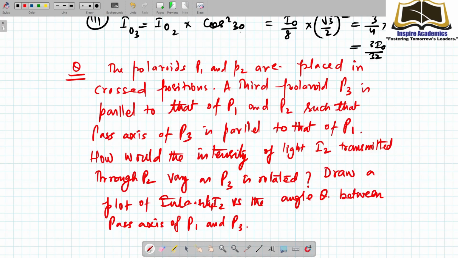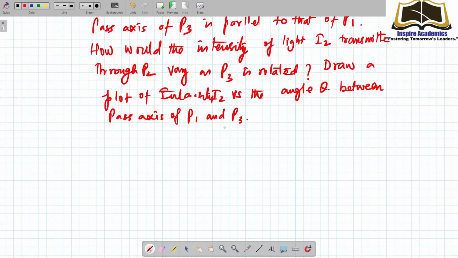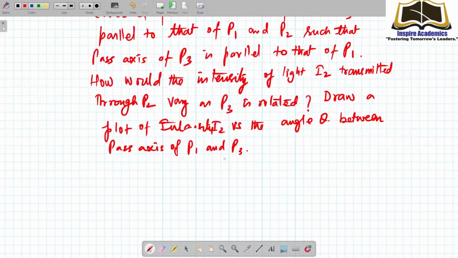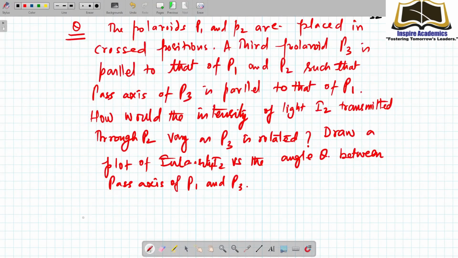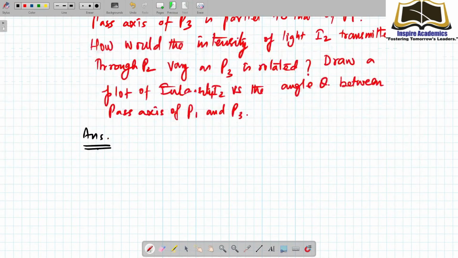So how would you visualize this problem? So P1 and P2. Can you see the polaroid P1 and P2 are placed in the crossed position. Did you see what does it mean?